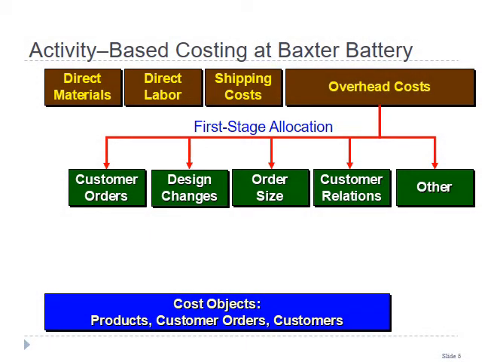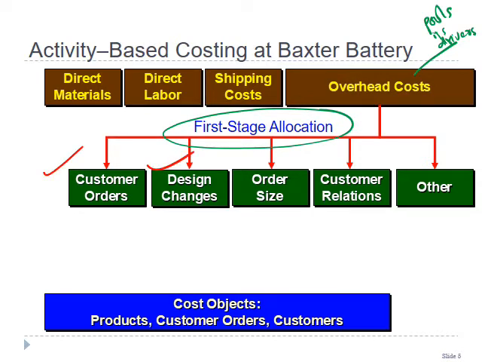For the overhead cost, step number one was we first calculate its cost pools and activity pools and its drivers, right? And then we allocate it through the first stage allocation, that is customer order, design changes, order size, customer relation, and others.